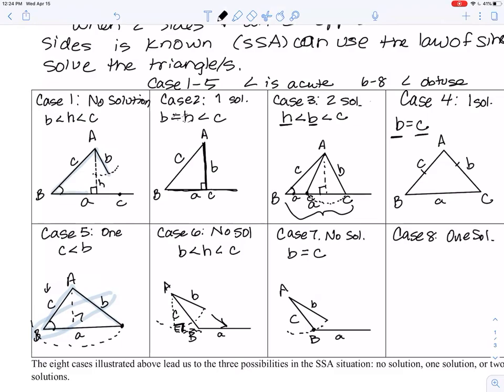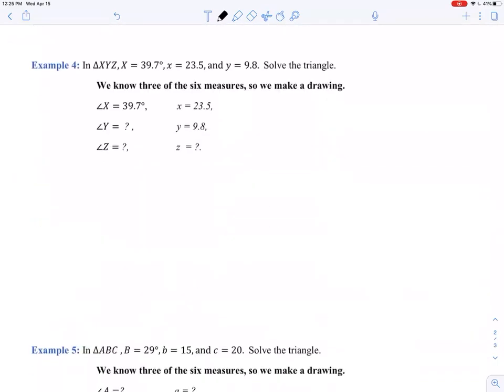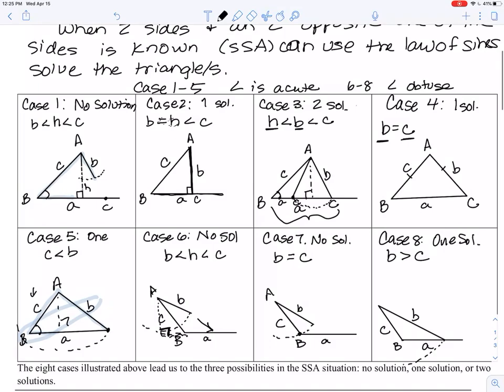Here side B, which is our side opposite, is going to be greater than C. So if we have our side that we don't know anything about, A, here's angle B, it's obtuse, here's side C, and then here's side B. Side B is definitely longer than side C. You can see that you definitely get one triangle created there. And so there you could get one solution.